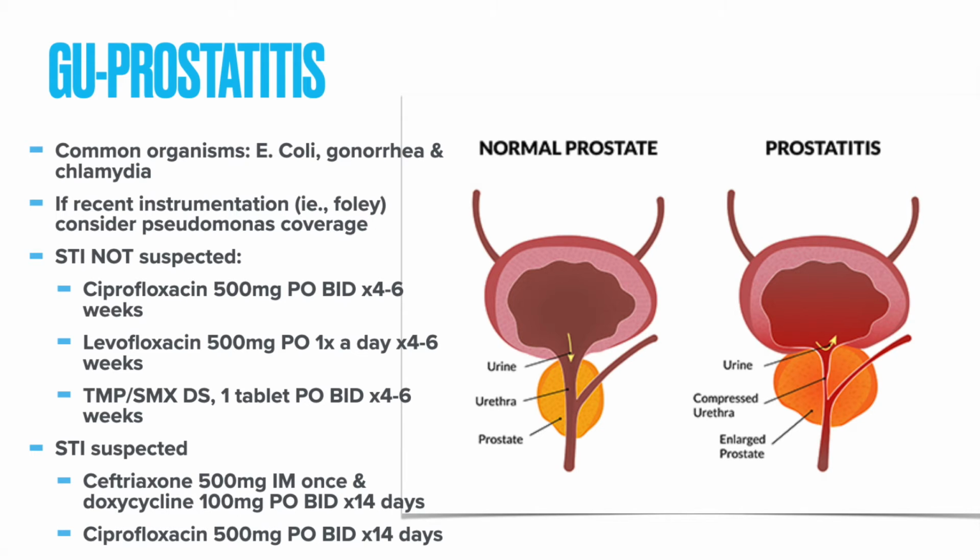If a sexually transmitted infection is not suspected, then this is going to be treated with ciprofloxacin, levofloxacin, or Bactrim as the options. And then if a sexually transmitted infection is suspected, then again it's that IM of ceftriaxone and doxycycline or ciprofloxacin.